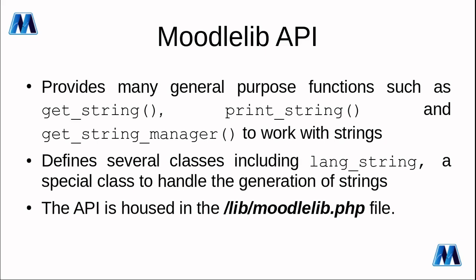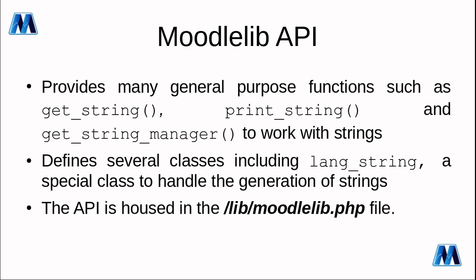And since we mentioned the Moodlelib API, we might as well have a look at it. I describe it as a sort of Swiss army knife of the Moodle APIs. Anything that doesn't quite fit anywhere else ends up in Moodlelib, but it also provides many general purpose functions. For example, related to strings, we've got get string and print string that we talked about.